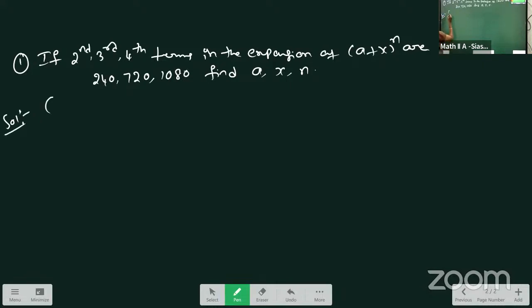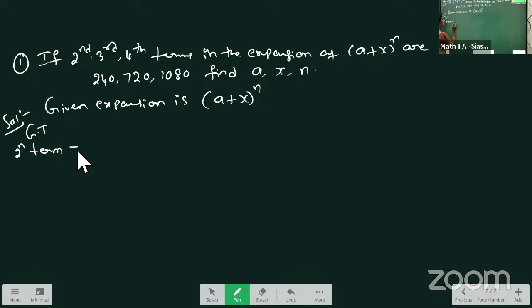First take the given expansion. The given expansion is a plus x whole to the power n. Some terms are given. Given that the second term in the expansion, second term means we will write T2.